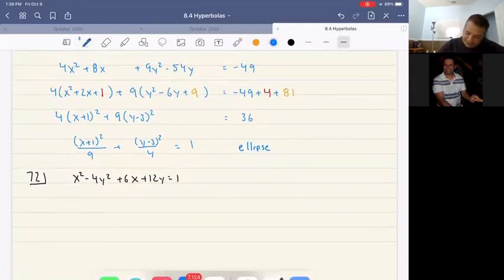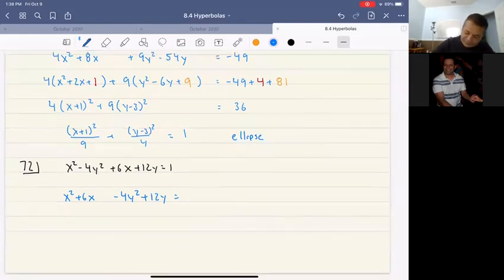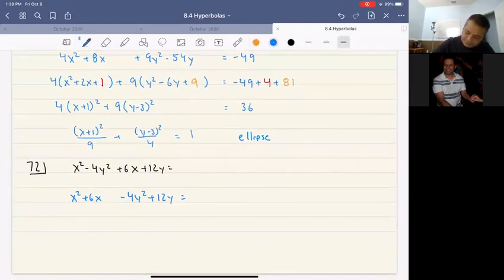I'm going to put the x squared terms together, the y squared terms together, minus 4y squared plus 12y. Oh, there was no 1, it equals 0 here.